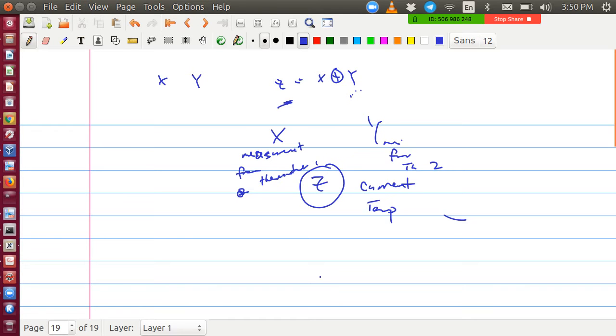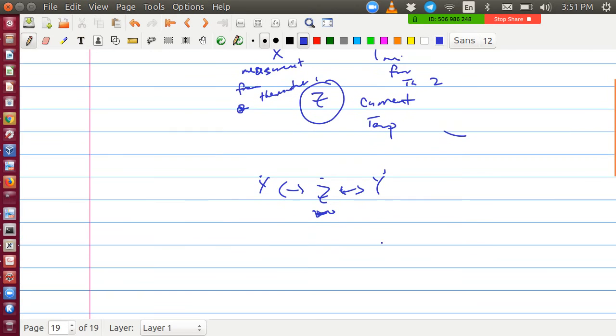This is kind of like a Markov chain, where z itself is a common source for two other variables, and these two variables only depend on this common source. So knowing this common source, x and y will be independent of one another.